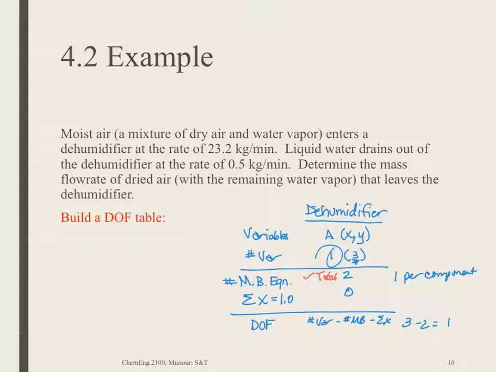And in that case, I have 1 variable minus that 1 total material balance, and this is 0. You're ready to solve the equation as soon as you have degrees of freedom equal to 0. Until then, you still need to be digging for more information.